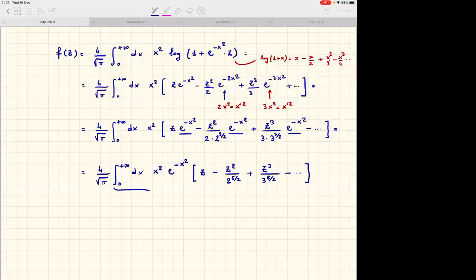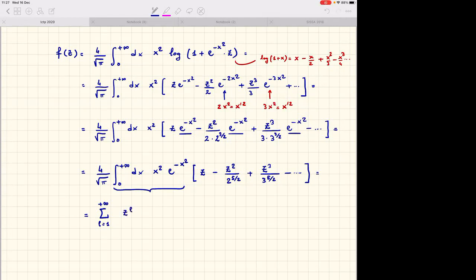This integral here, I know how to compute it. It gives me essentially square root of pi over 4. So overall, this stuff is normalized to 1, and therefore what I get is that this is equal to the sum for L from 1 to plus infinity. Here I'm extrapolating the result of the summation of these first three terms to all of them. It's straightforward to see that it's correct.